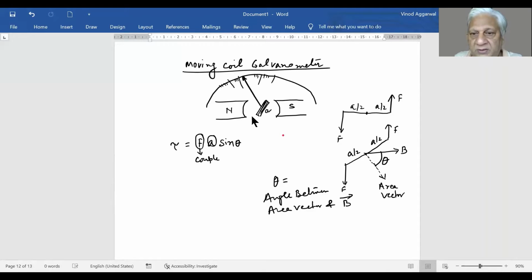So in general, if the coil is tilted so as to make this theta, then the torque will be so much.